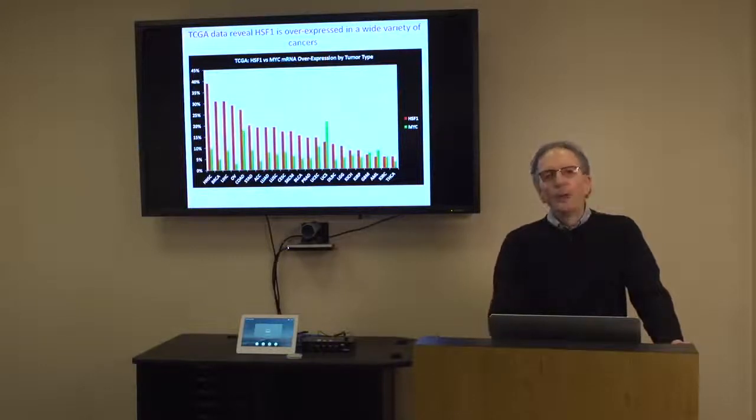We wondered what the mechanism behind HSP90 effects on HSF1 is, because understanding the mechanism may allow us to intercede and block the effects of HSP90.